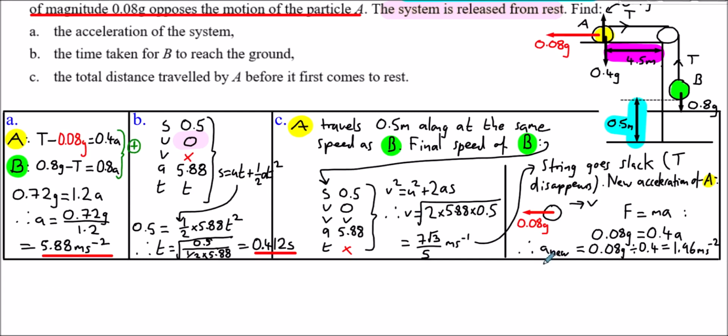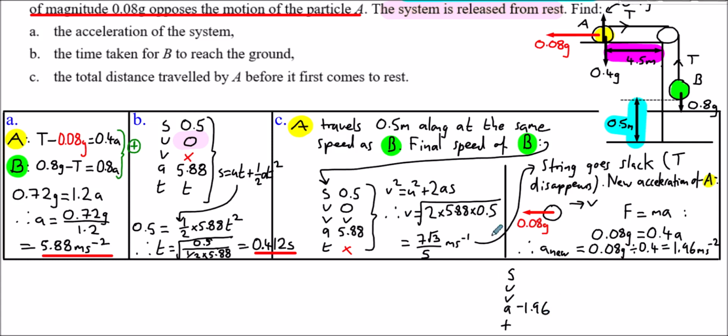So now at this point we can do SUVAT. So again, the motion of A is still going to the right. So this acceleration, I'm going to put it as minus 1.96 because it's actually a deceleration. It's slowing A down.